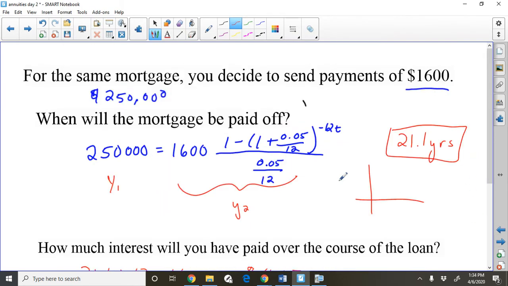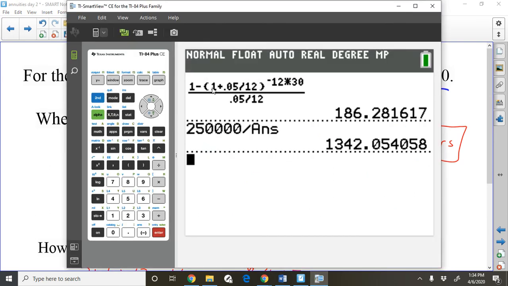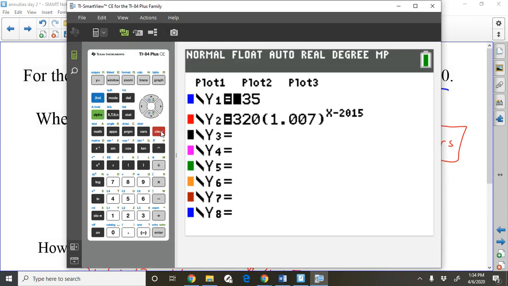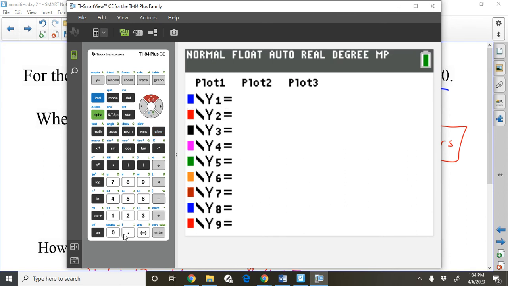The second problem we had here, we were solving for the time. I would recommend doing this graphically. So you're going to write everything into the equation, and then you're going to go to the grapher, and we're going to put the 250,000 in one equation, and we're going to put the other side of the equation.